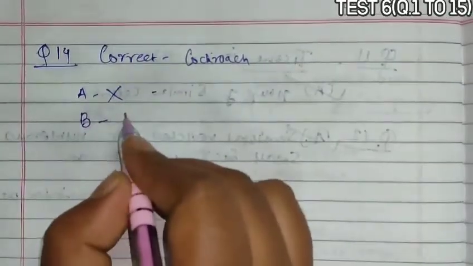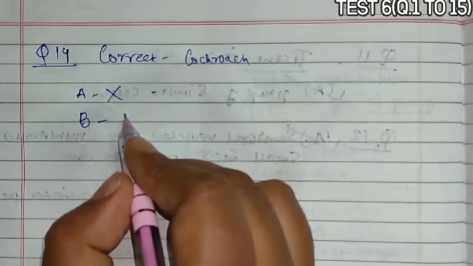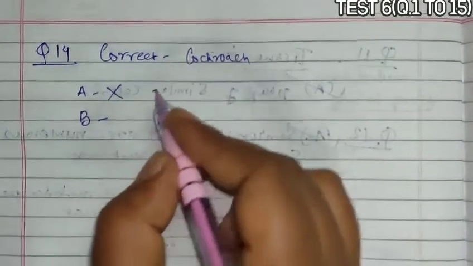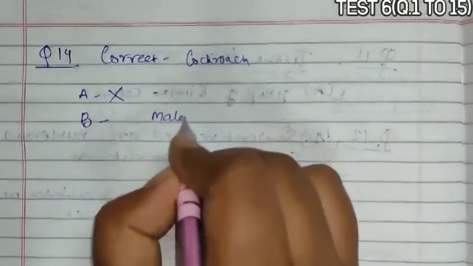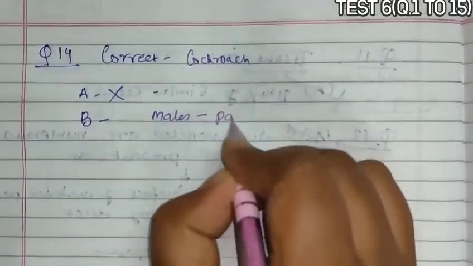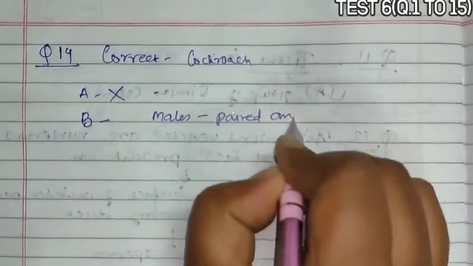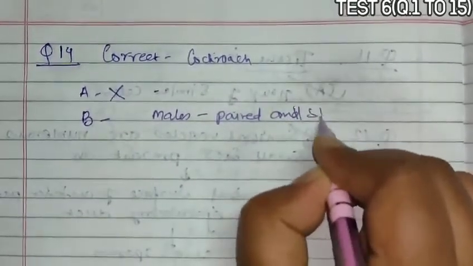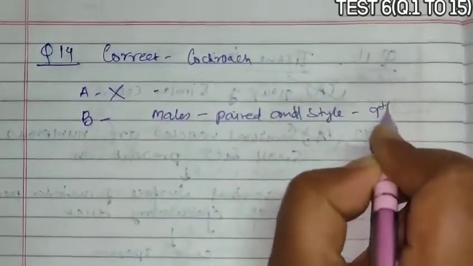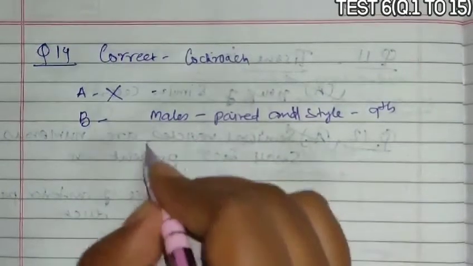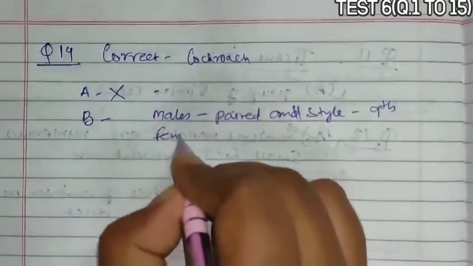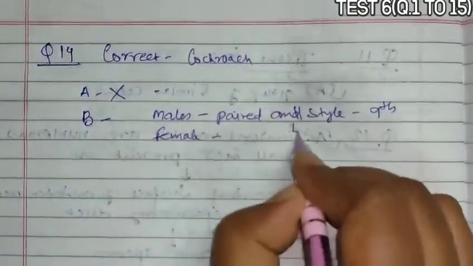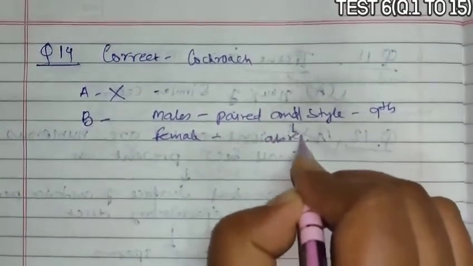Option B is given that male bear short anal styles and not present in females. Now males have a paired anal style in ninth abdominal sternites, which is absent in female. In female, this anal style is absent.